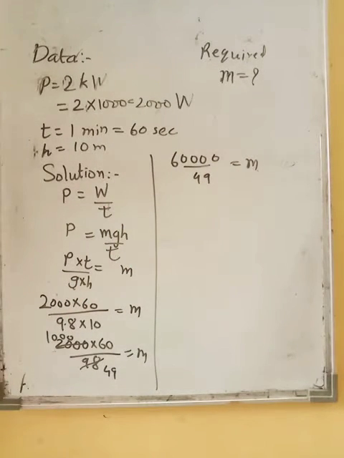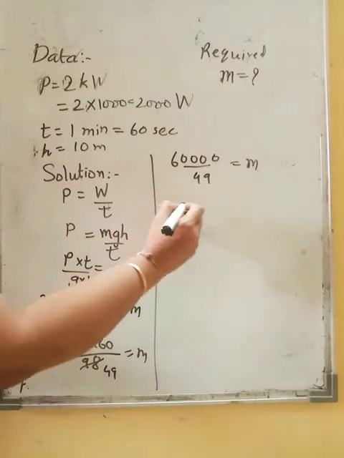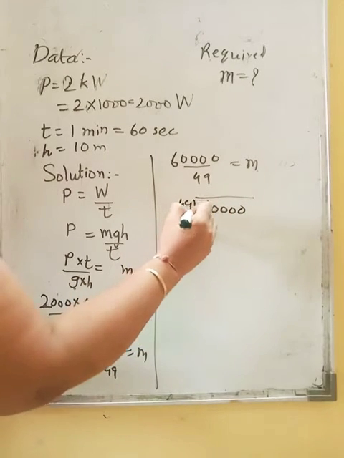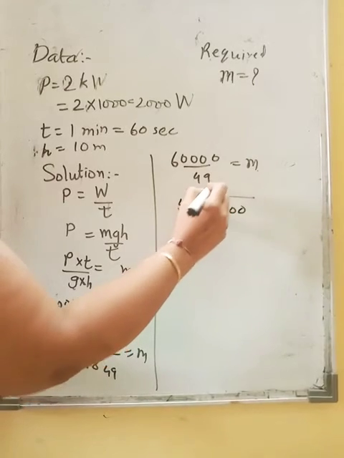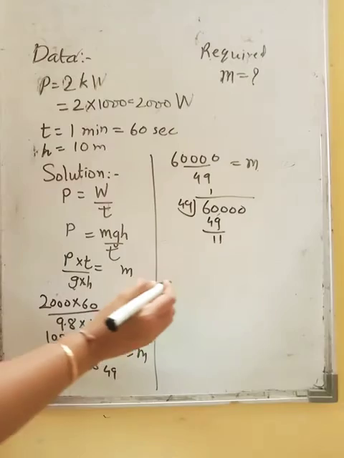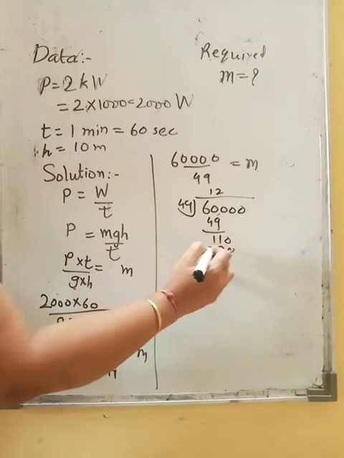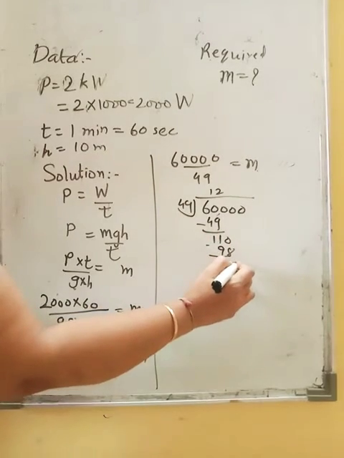Correct? So now we have to solve it up to 2 places of decimal and get the answer. So let's do that. Quickly, I am doing division here. You can do it on a rough page. 49 1s are 49, 11 remains, 0. 49 2s are 98, 12 remains, 0.